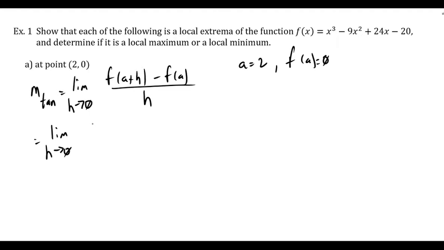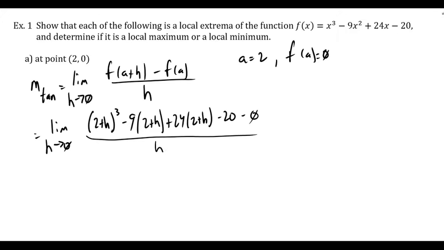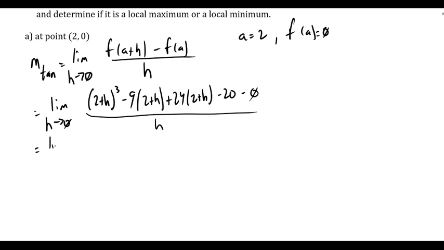So x cubed, but x is 2 plus h cubed, minus 9 times 2 plus h, plus 24 times 2 plus h, minus 20 minus 0, all over h. You can cube the binomial the long way, or you can try to follow what I'm saying.